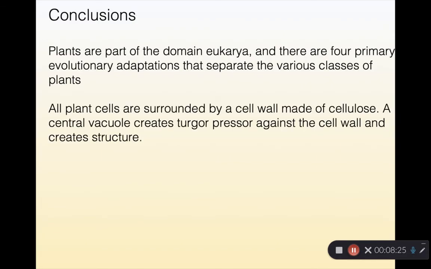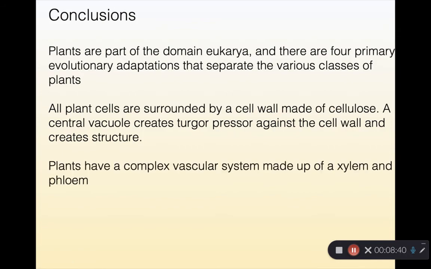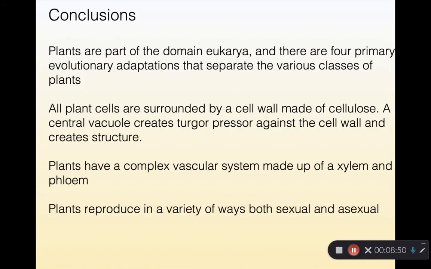Plants are surrounded by a cell wall made of cellulose, and a central vacuole creates turgor pressure that puts pressure against the cell wall and creates structure. Plants have a very complex vascular system made up of xylem and phloem. This allows them to get water and nutrients. And plants can reproduce in a variety of ways, both sexual and asexual.